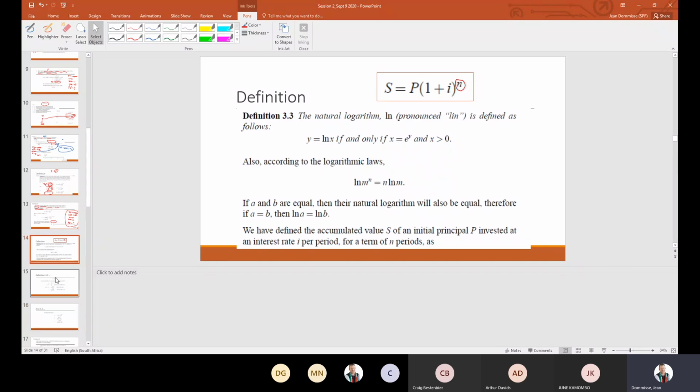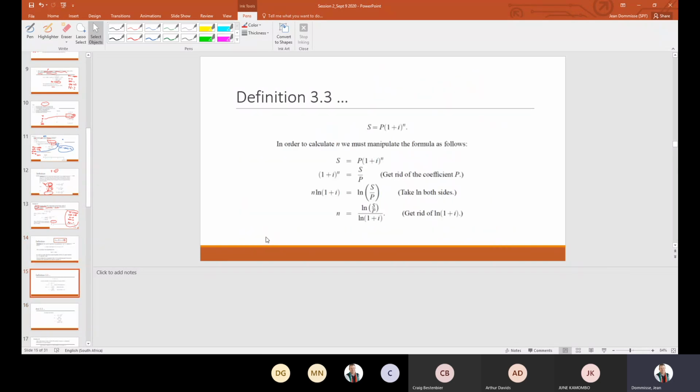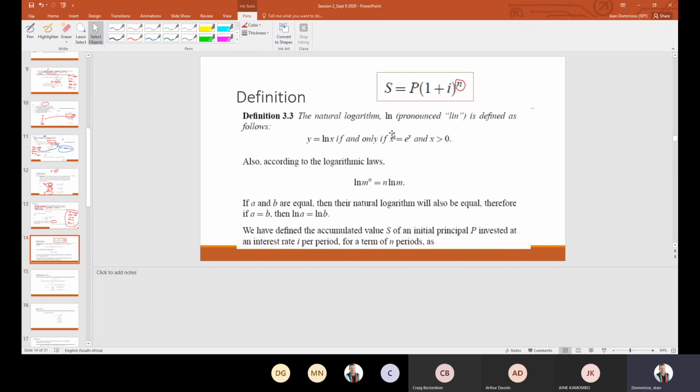That is basically to calculate if you need to get to N. And again, it's easier to use the calculator for some of these calculations, the programmable ones, so that you can put in all the information, and then if you press N, you will get the answer of N.